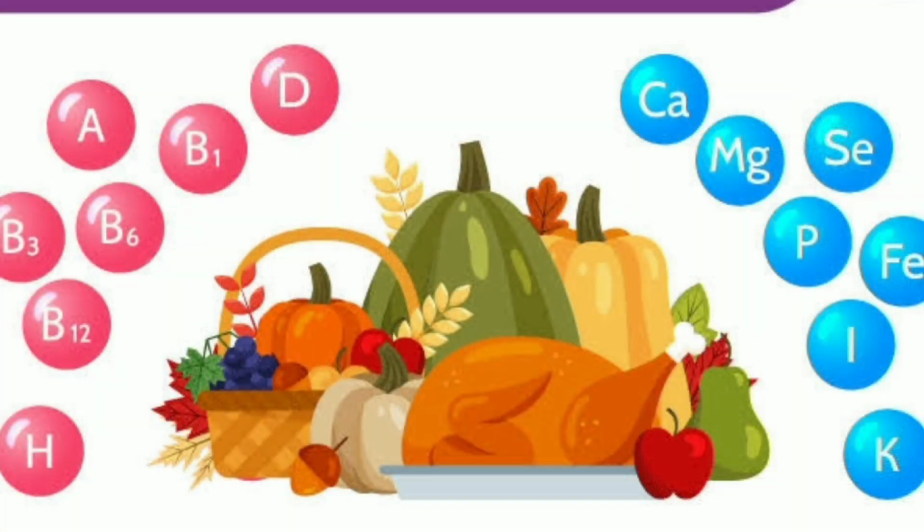But the micronutrient is needed at a micro level in your body, yet it is crucial for normal metabolism. It can be copper, zinc, iron, sodium, potassium, magnesium and calcium, and other trace minerals.